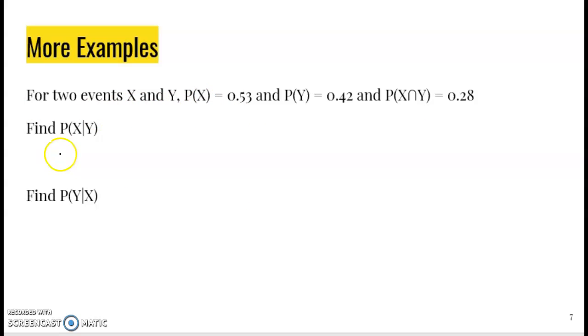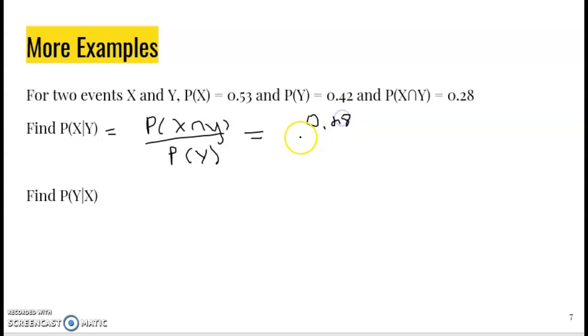When we use the formula, by the conditional probability formula, we would have the probability of X given Y is equal to the probability of X intersect Y, or X and Y, divided by the probability of Y. The probability of X and Y is 0.28, divided by the probability of Y, which in this problem is 0.42.